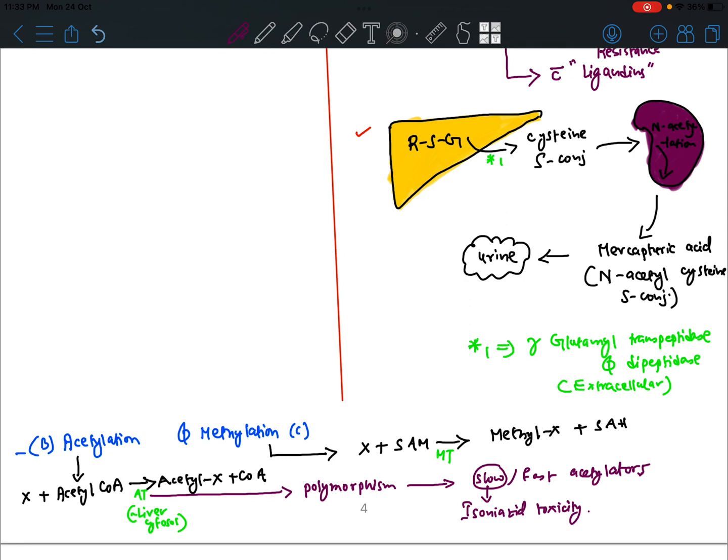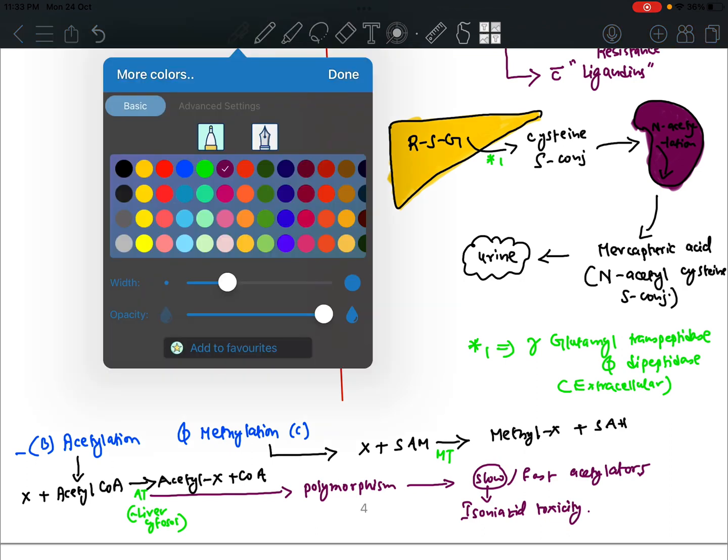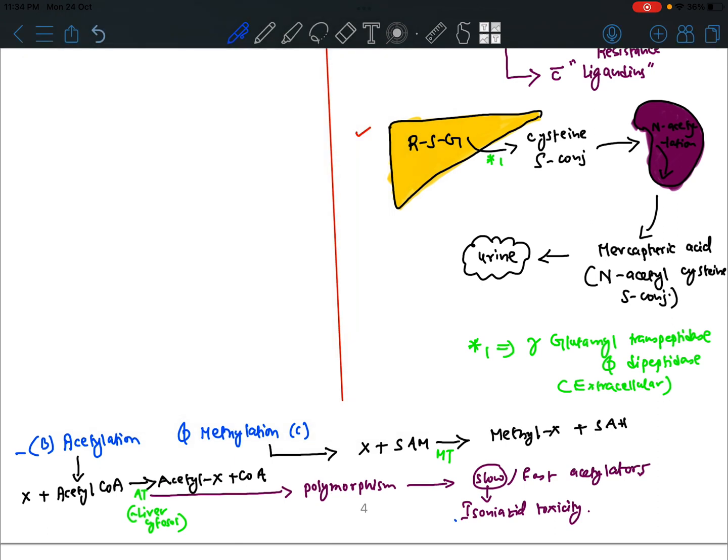What is isoniazid? It is a bacteriostatic drug used to treat TB, and it uses acetylation as its phase 2 reaction.